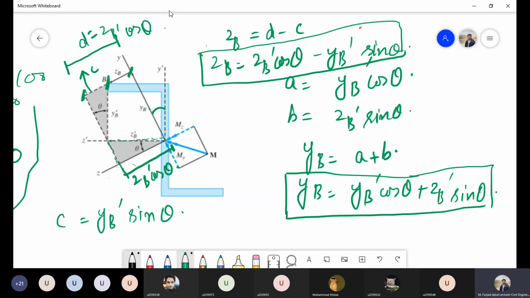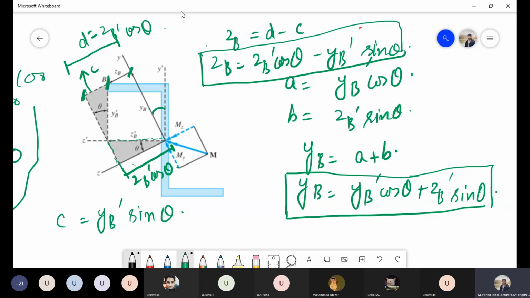So this was the brief idea on how to calculate the distances. But again, you have to be very careful while substituting the signs of these distances. For example, you will be provided with the original horizontal and straight lengths. Now, we have fixed our sign convention that the positive z-axis is towards the left and the positive y-axis is towards the top.